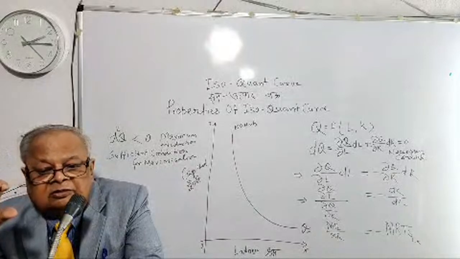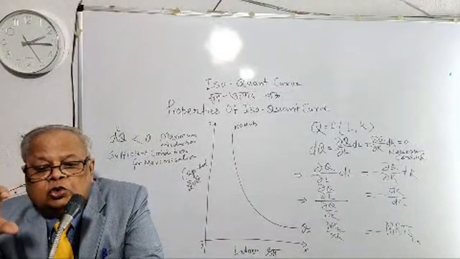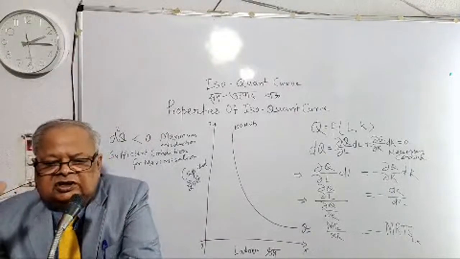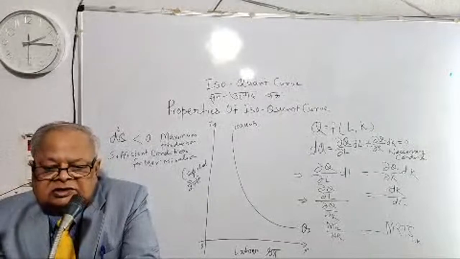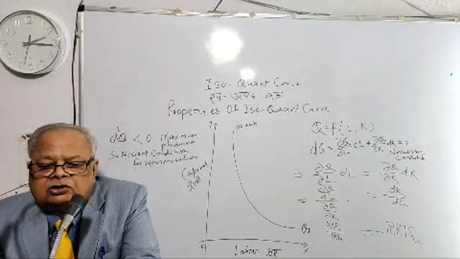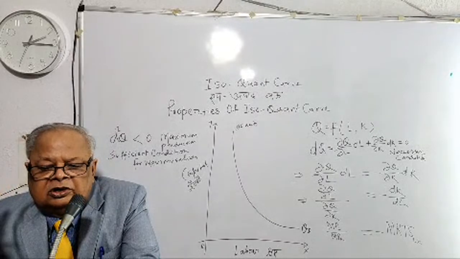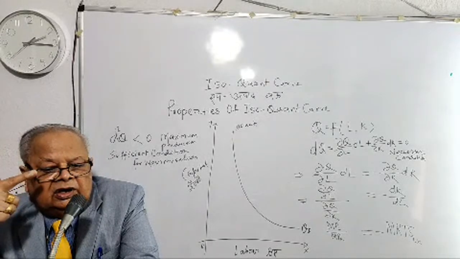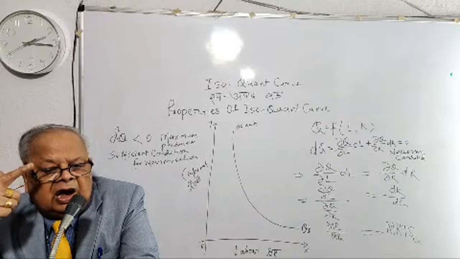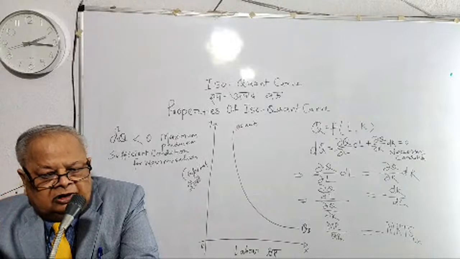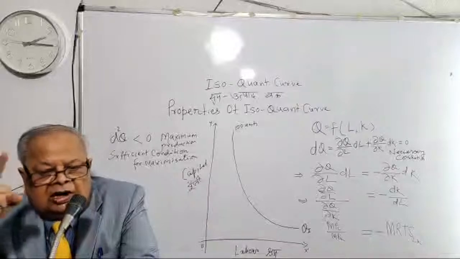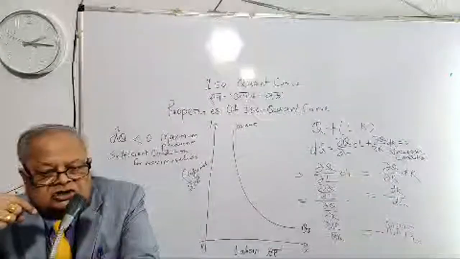Quant means quantity, so it is an equal quantity curve, but it is phonetically said isoquant. But you can also say equal product curve. So what do we see here? Number one, isoquant is downward sloping from left to right. Number two, isoquant is convex to the origin.